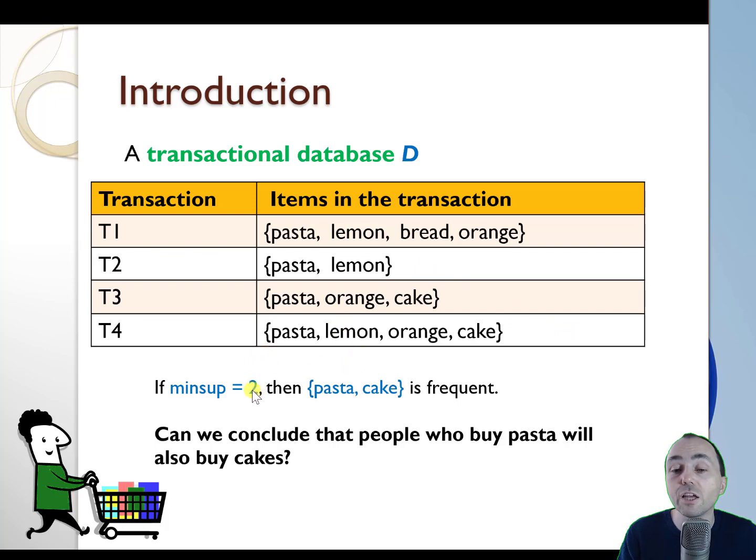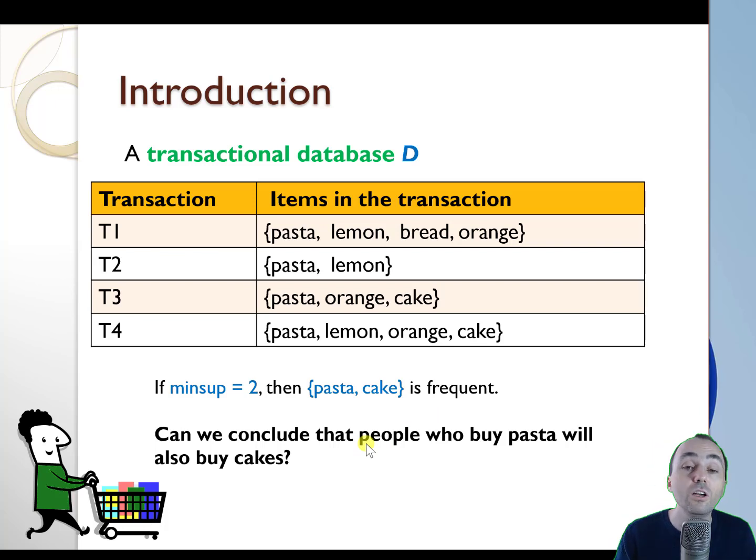So here, if I set the minimum support to 2, I find that pasta and cake is frequent, because pasta, cake appear at least 2 times. But if you look carefully, everyone buys the pasta in this database. So even though pasta cake is frequent, we should not conclude that if you buy pasta, you will buy cake.